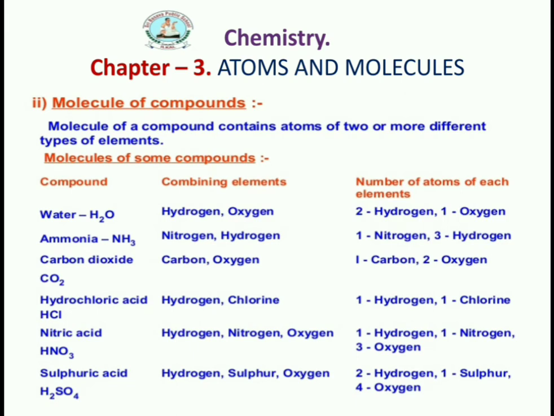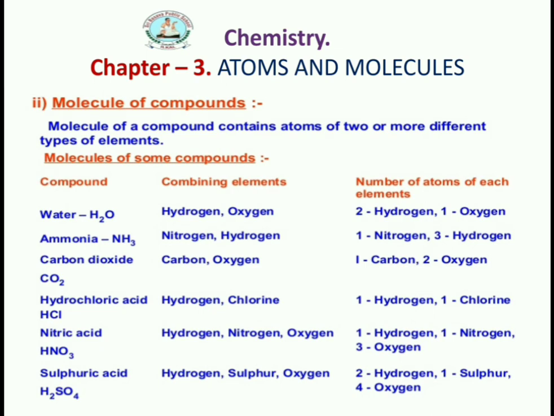Molecules of some compounds are given here: water, ammonia, carbon dioxide, hydrochloric acid, nitric acid, sulfuric acid. Which elements are present in water? Hydrogen and oxygen. How many hydrogens are there? 2 hydrogens and 1 oxygen.